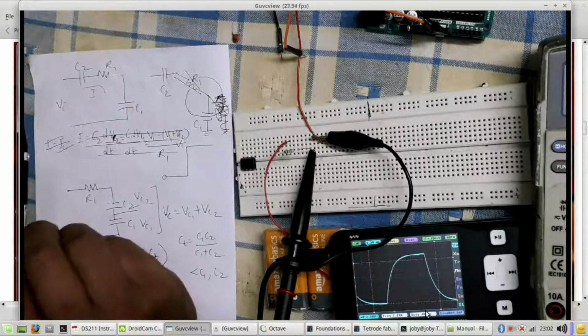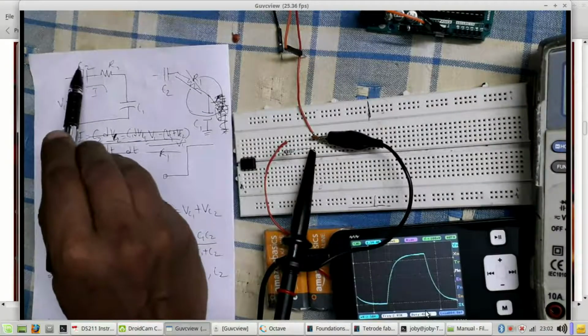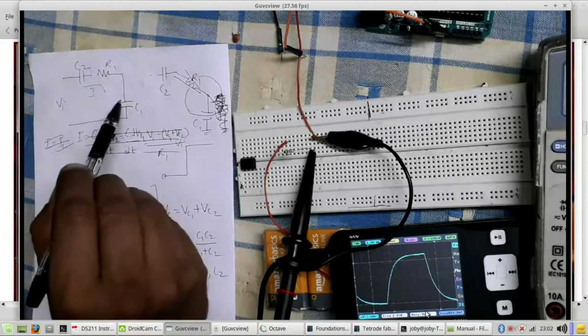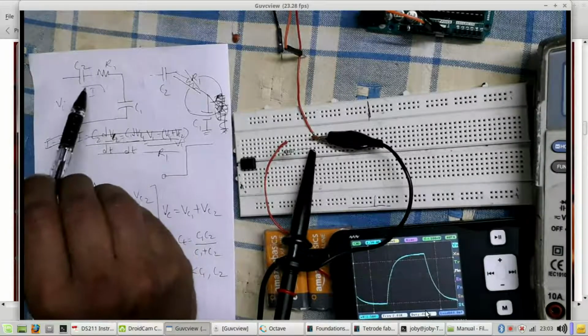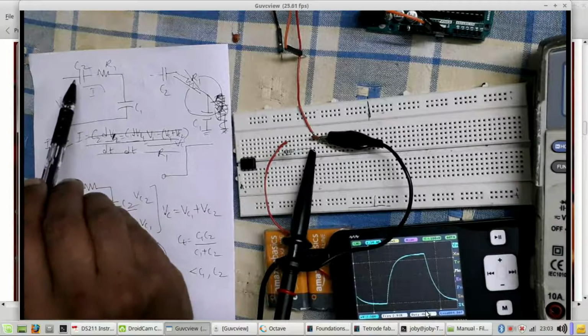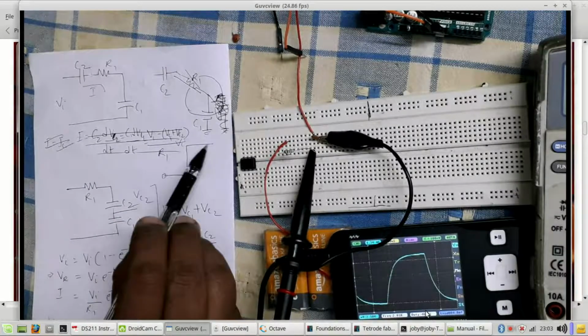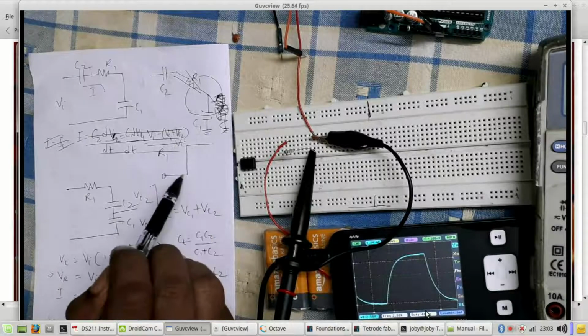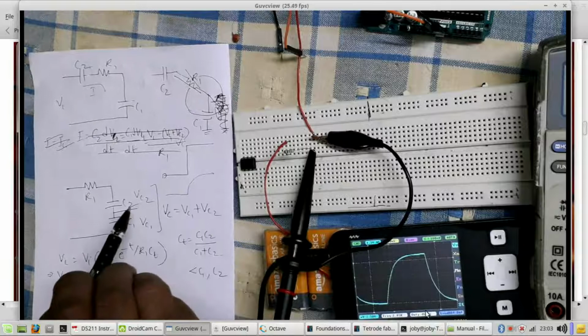Okay? This is the simplest form of capacitance compensation, where you introduce a capacitance in series with the circuit, in such a way that the shape produced here is more or less, or at least better than, the exponential curve that you would have got without it.